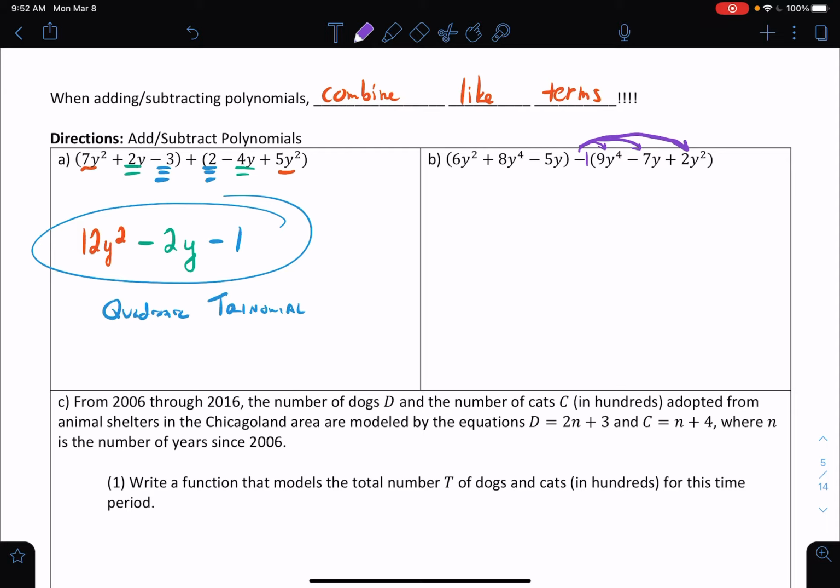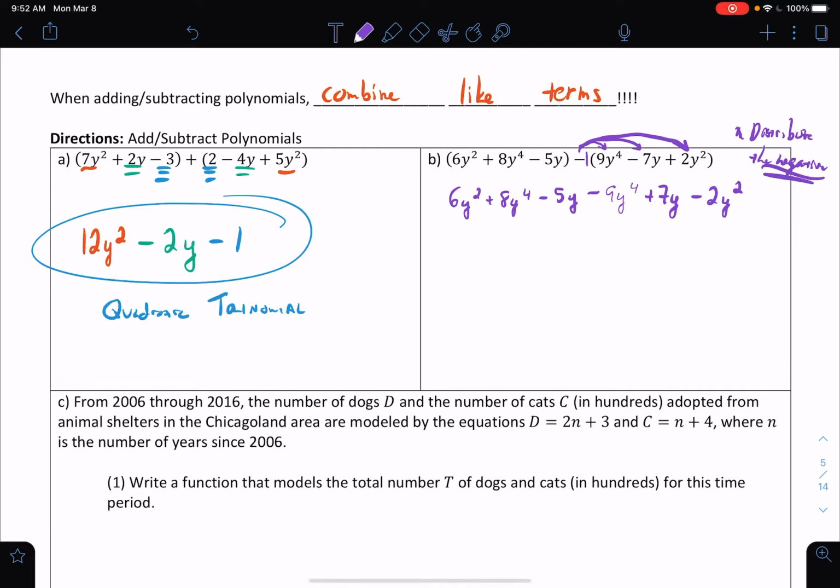So this is going to become 6y squared plus 8y to the fourth minus 5y minus 9y to the fourth plus 7y minus 2y squared because I'm distributing that negative sign. Okay? Distribute the negative. Very important, easy to forget.